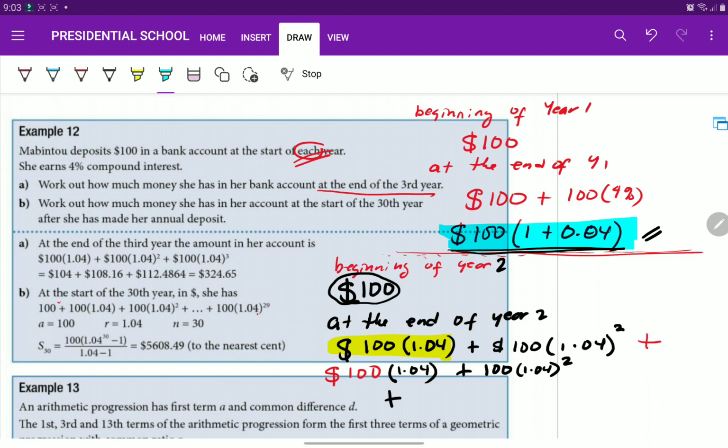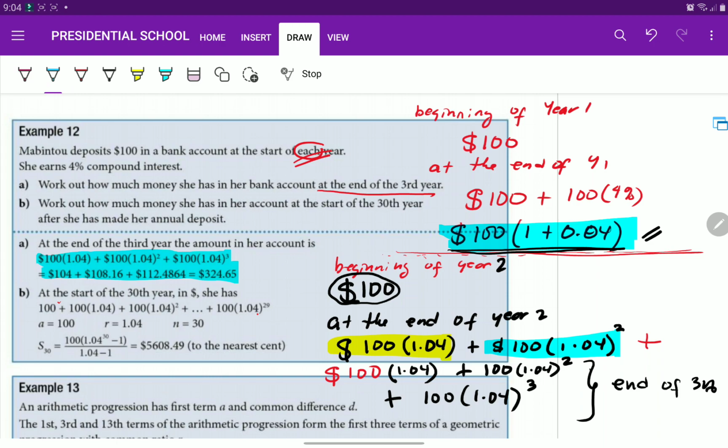Plus, this money earns interest as well, so that will be 100 times 1.04 cubed. So this is now the amount of money at the end of the third year. That is the meaning of this part of your answer.